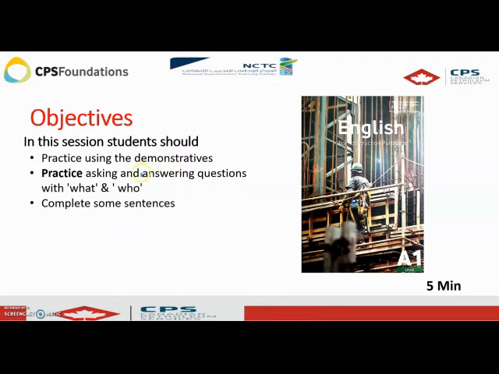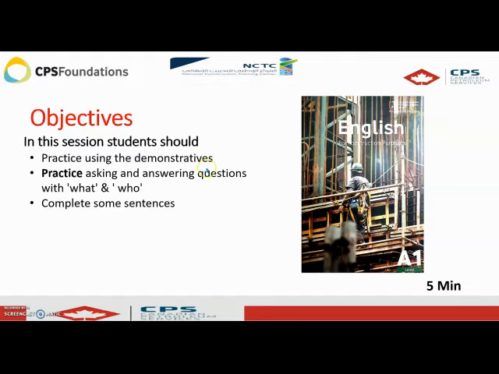The objectives for today's lesson are as follows. You are going to practice demonstratives. These are near and far, right? They tell you where things are.